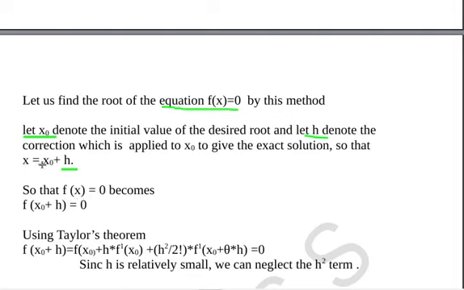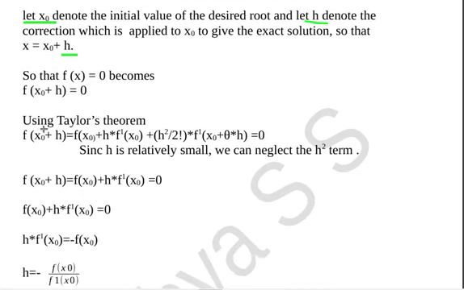Then instead of x we substitute x0 plus h, so f of x0 plus h equal to 0. By using Taylor's theorem we can expand this as f of x0 plus h into f dash x0 plus h square by 2 factorial into f double dash x0 plus theta h, which we already know is equal to 0.